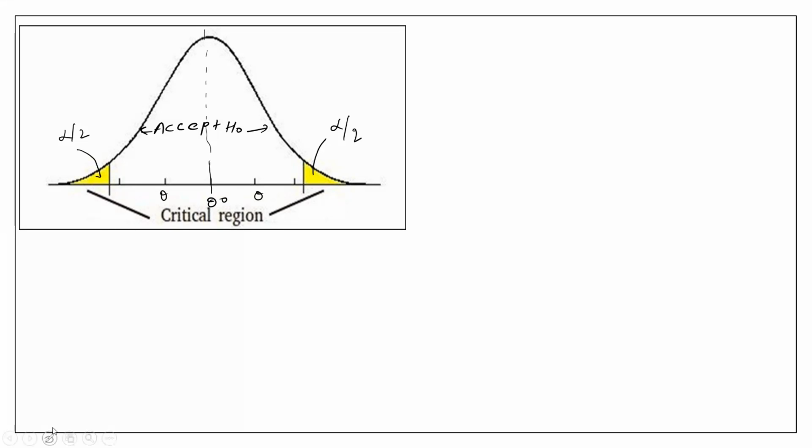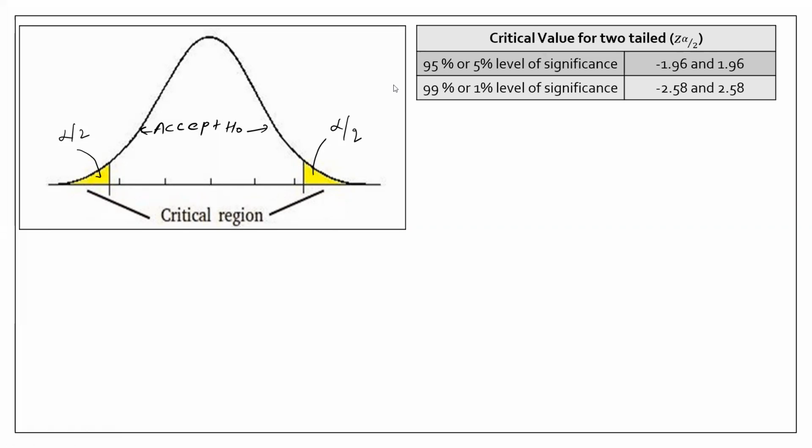That is why I have considered it a two tail test. And for the two-tailed test, you already know the values I have given here. How to find this value, I have already spoken. Earlier I have taken this value as Z C, where C is nothing but alpha by 2. So just remember the notation alpha by 2.